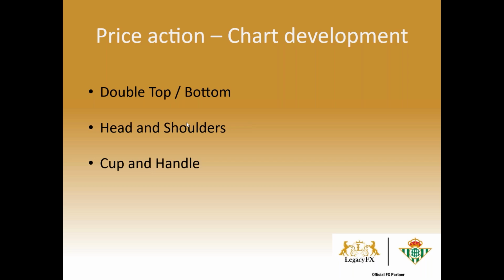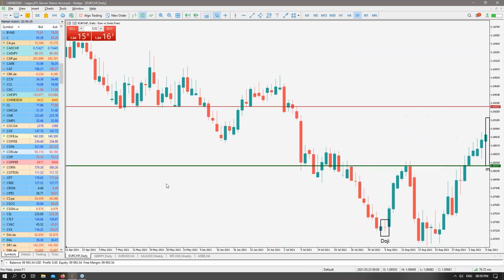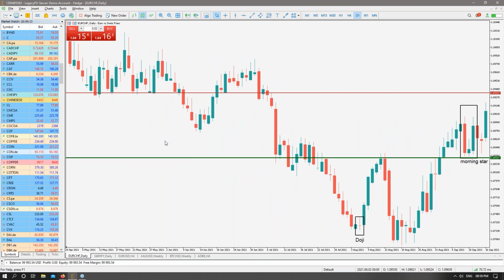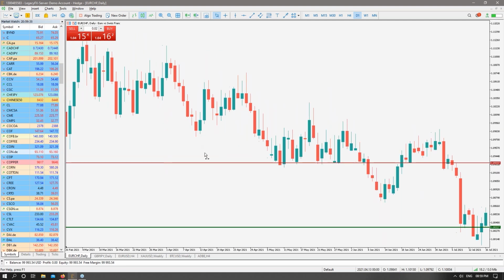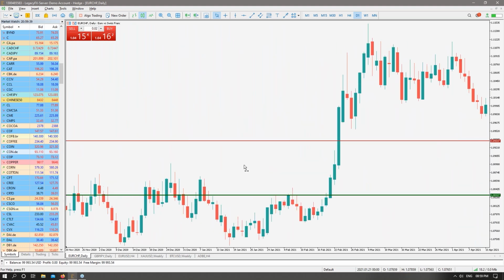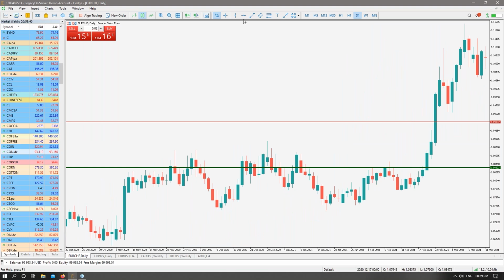Now the last one is cup and handle. This is a little bit more uncommon, mainly because it's a little bit of an odd pattern, really. But what you get, and I did want to show it to you because it happens quite often, but people just don't know about it.